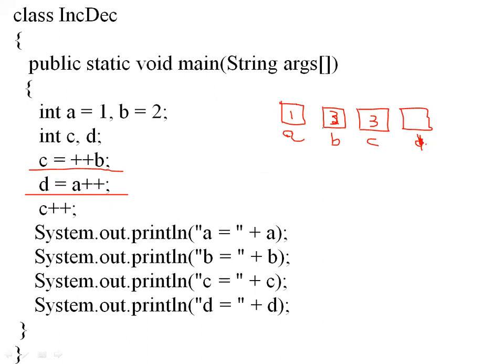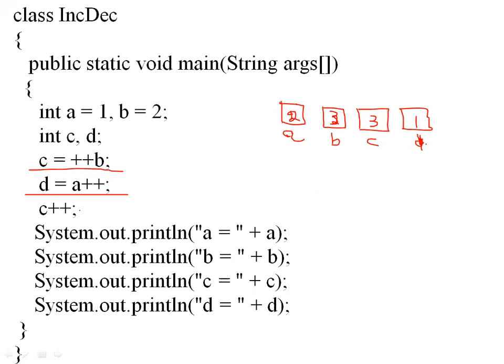That you assign to D. Then we have to do the increment process. Increment of A you have to do. So A value becomes now 2. Right? So then next.